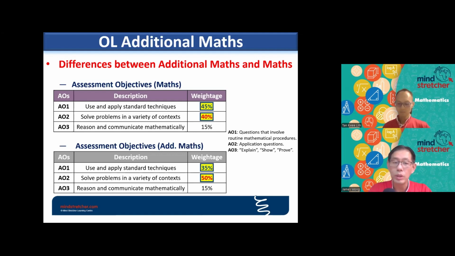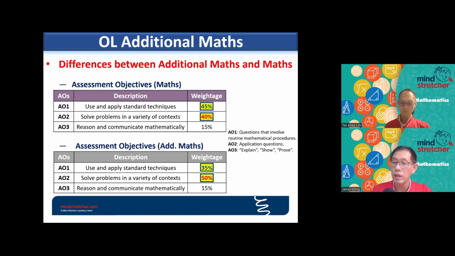But when it comes to additional math, you will see that the AO1 routine kind of question now has a lesser weightage, about 35%. So there are more questions from AO2. There will be more questions that require students to have that deeper mastery. You don't just know the technique well, you master your technique and your concept well, but you must know how to apply.